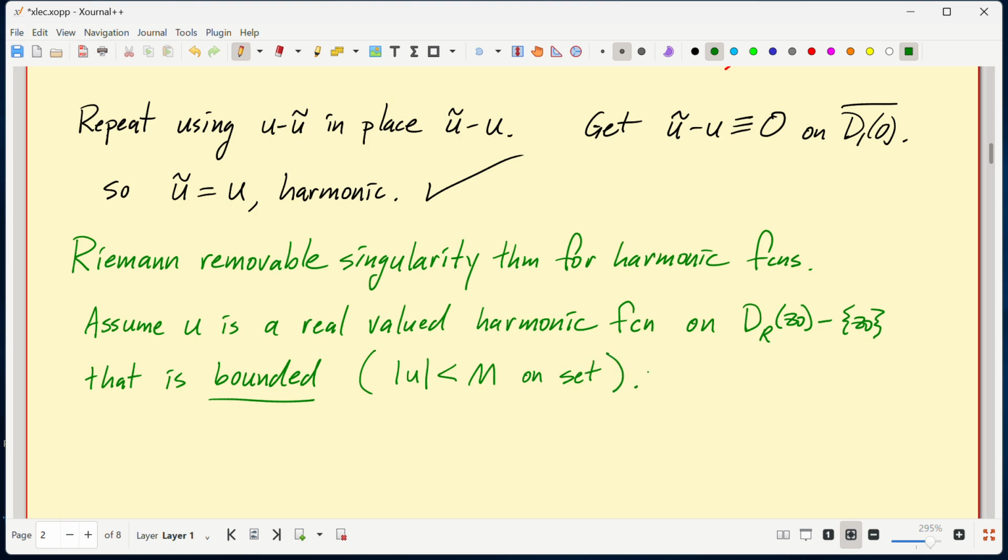Then z naught is a removable singularity for the harmonic function, meaning we can give it a value there.